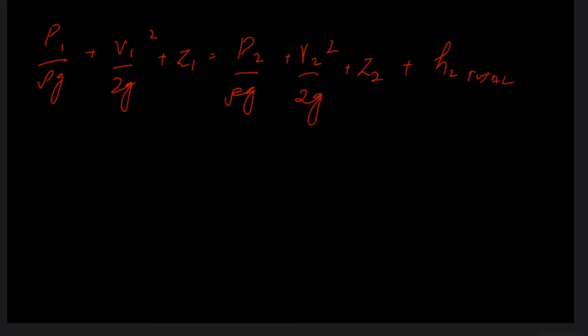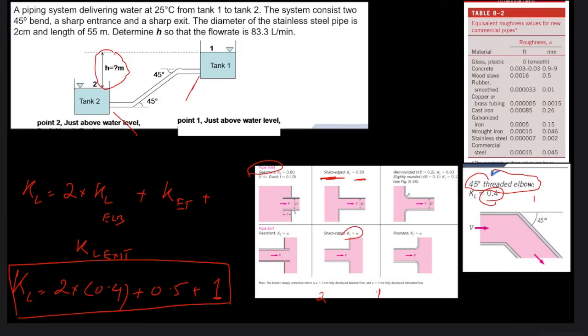Now let's move back and see this system. Point 2 and point 1 are at atmospheric pressure, so they are equal and going to cancel each other out. If we use gauge pressure, then the gauge is 0, so P1 is equal to P2 is equal to 0. Now let's look at the velocity. V1 and V2, we are assuming in this numerical that the tanks are very large.